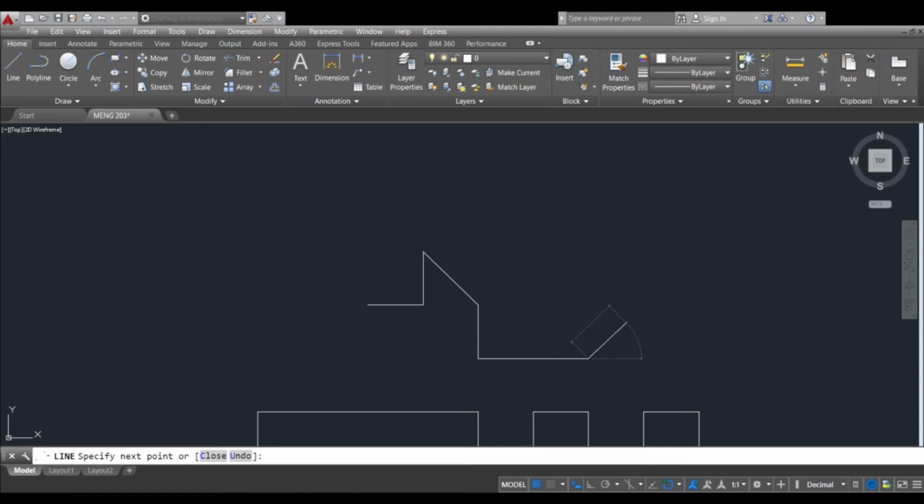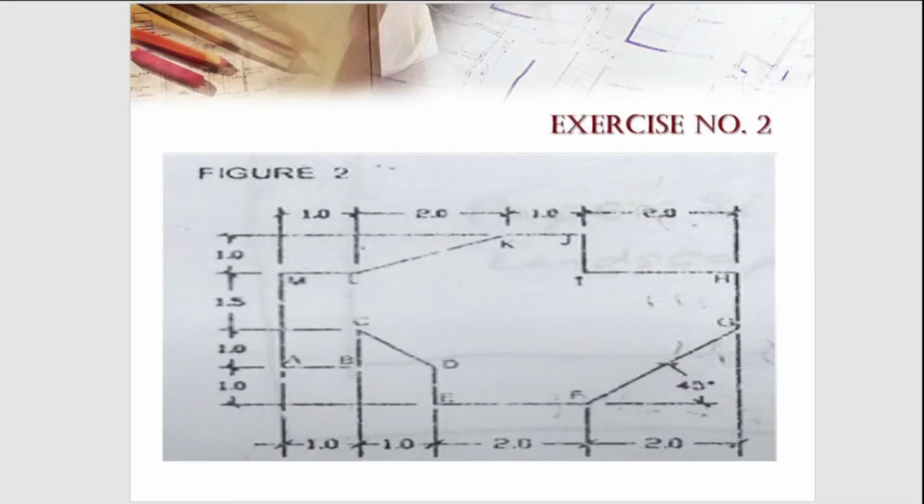Okay, so going to point G. It is indicated in here. We can use the angle 45, and the distance is, okay, we don't have a distance in here.